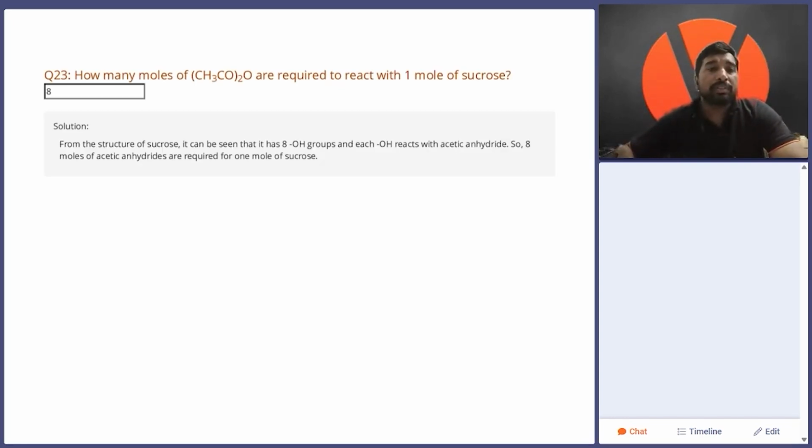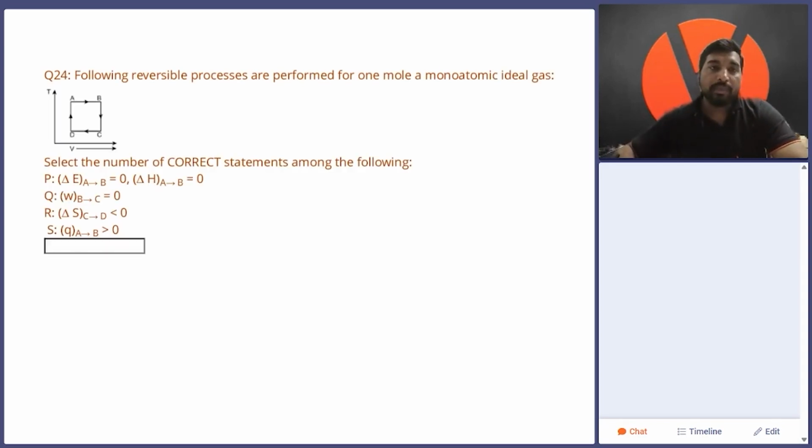Come to the question number. This is question number 27. Come to question number 28. This question belongs to thermodynamics. The following reversible processes are performed, basically for 1 mole of monoatomic gas. So this is the temperature and volume graph. Process AB is isothermal.